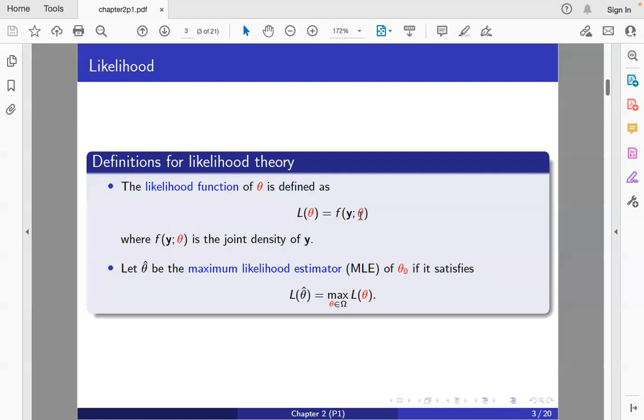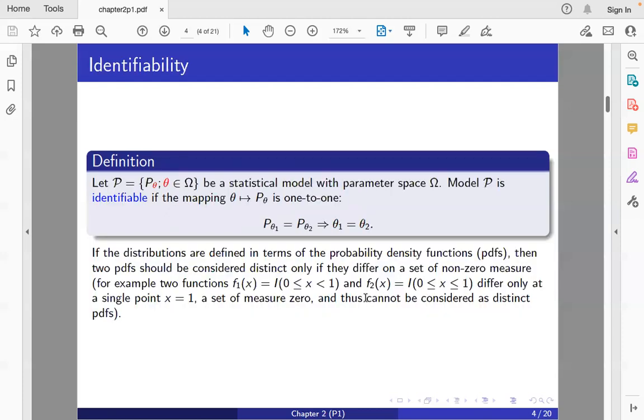That mechanism determines the statistical properties of the estimator that we're going to study later. Anyway, that is the likelihood function, and the maximum likelihood estimator is essentially the maximizer of the likelihood function with respect to theta.